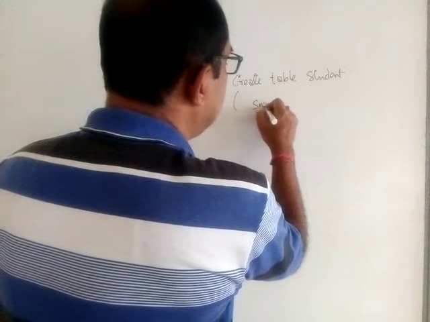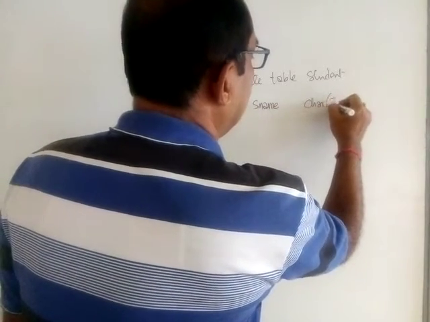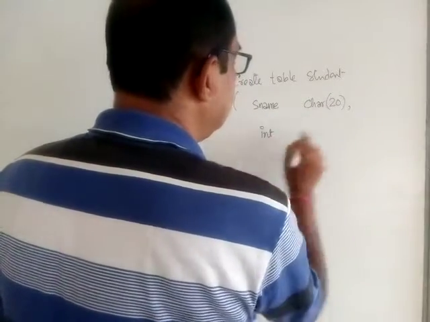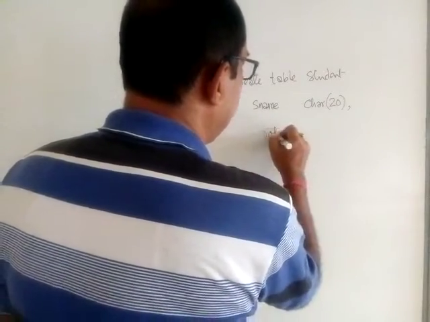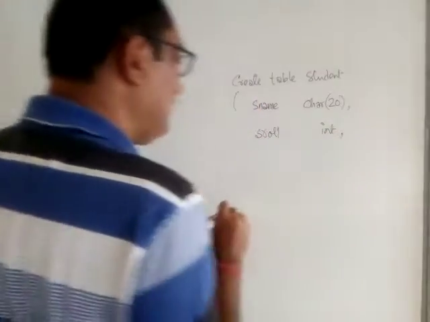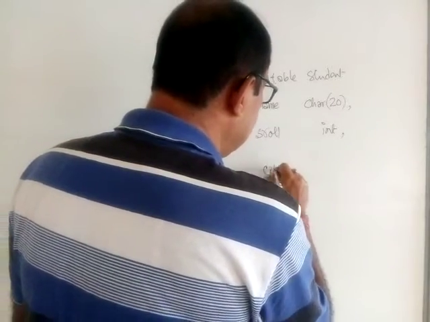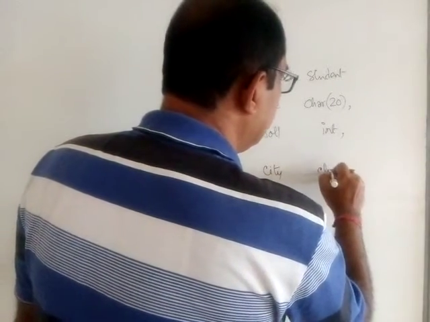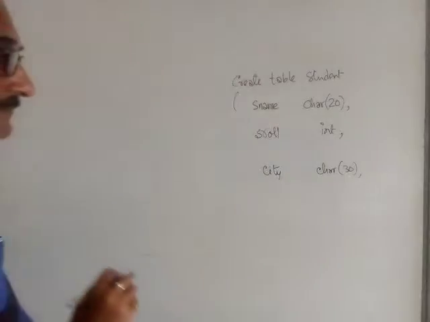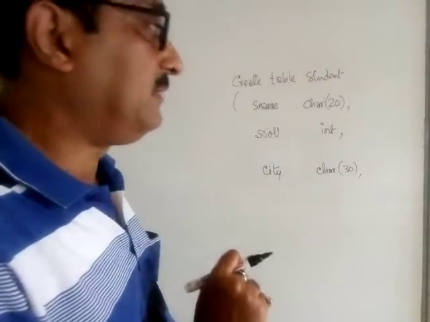First field is the name of the student, char, whatever, 20 or 30. And then int, the roll number of the student, S roll is int. And then I wrote city, say char 30. This is how I declared a table.